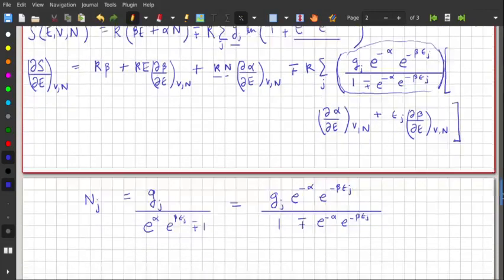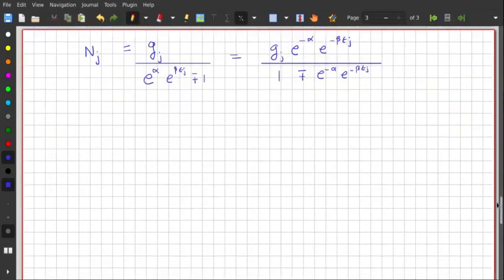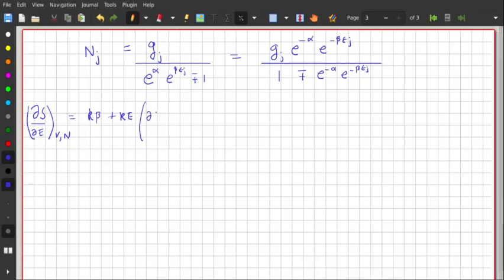Therefore partial S partial E with respect to V, N is given by k times beta plus k times E partial beta partial E at V, N plus k N partial alpha partial E at V, N minus k.